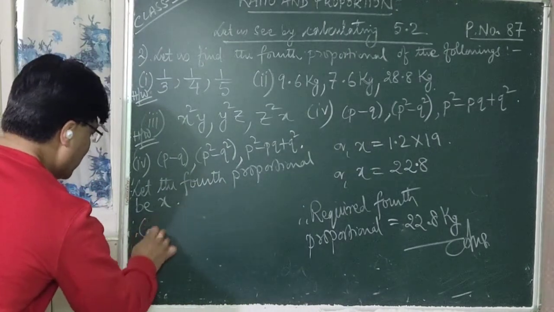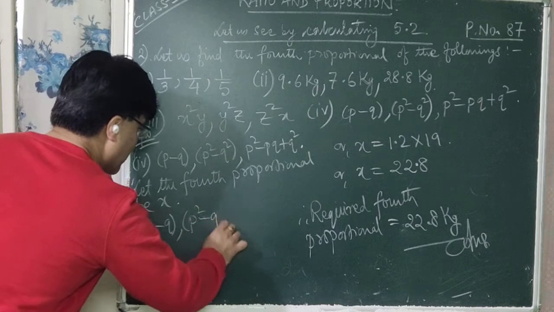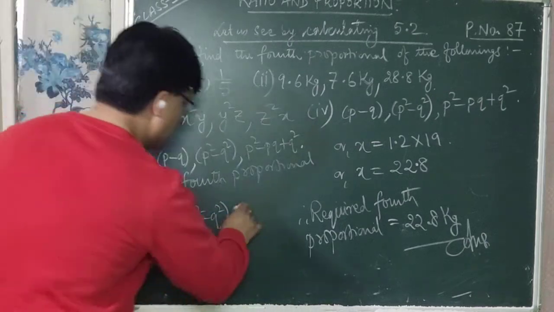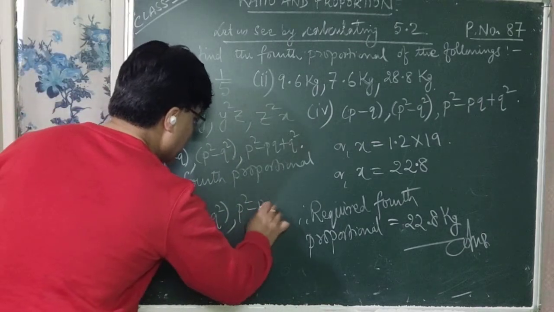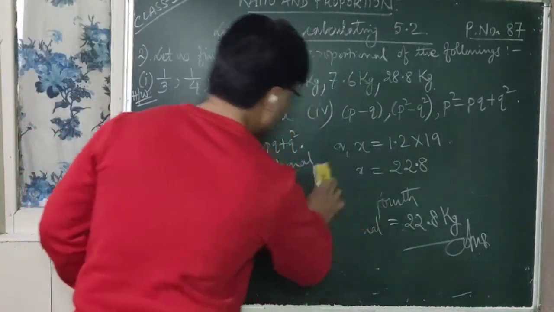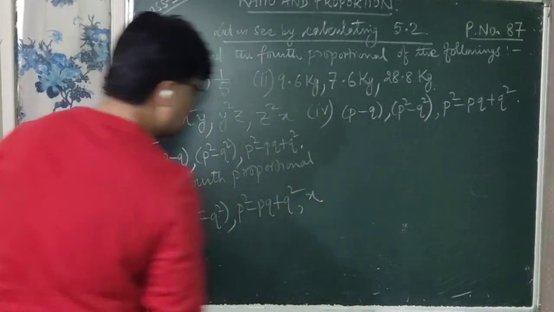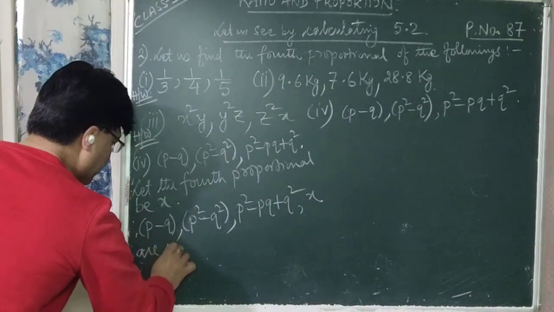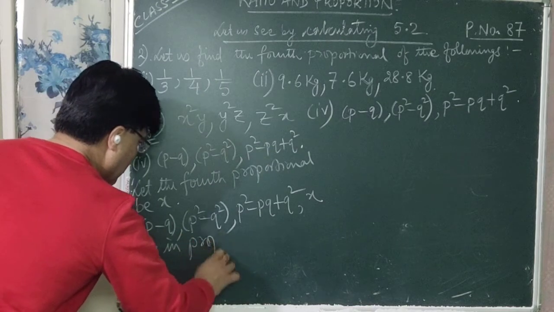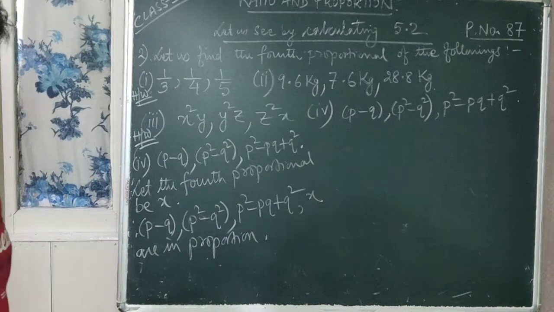So therefore p minus q comma p square minus q square comma p square minus pq plus q square comma x are in proportion.